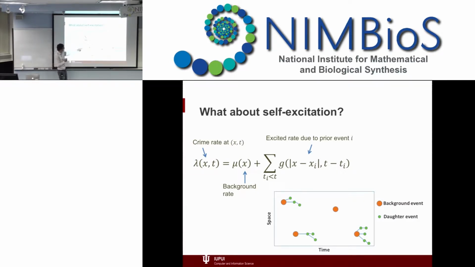These background events might be spatially varying, but stationary in time. But then as an event occurs, the rate of crime goes up by amount g, and it decays in space and time according to this kernel. So you get these clusters of events that act like a branching process. An event triggers another event, and that can trigger other events after that.